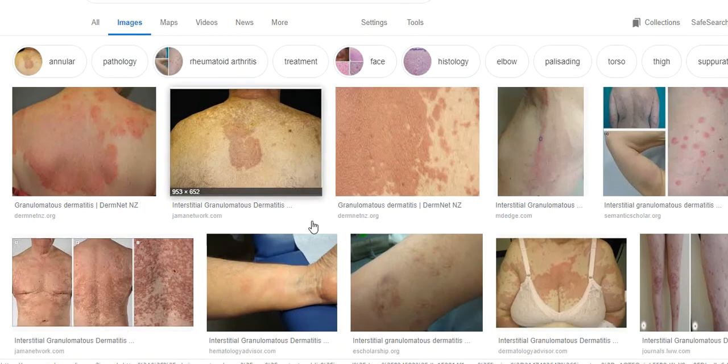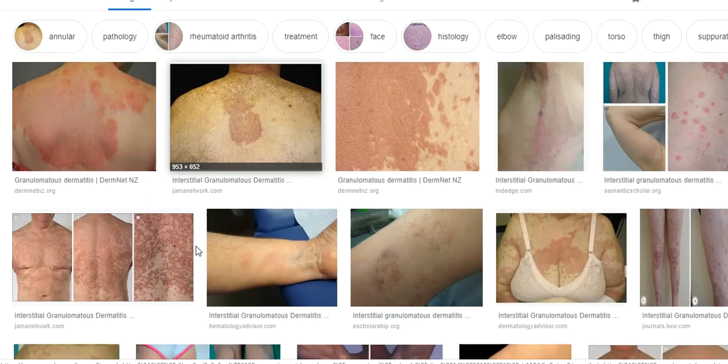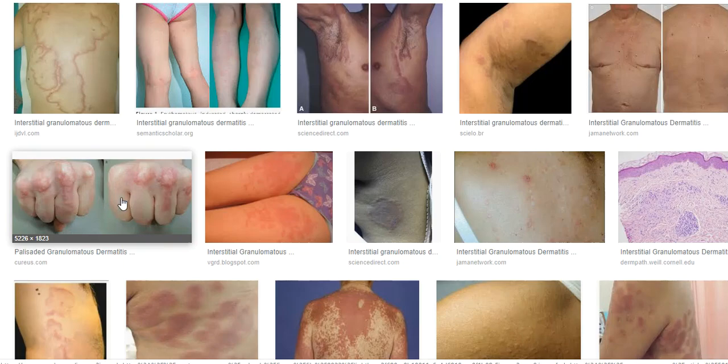This is more the generalized granuloma annulare rather than interstitial granulomatous dermatitis, when you see all these papules and the like. But again, large patches like this. Palisaded granulomatous dermatitis for this particular rash here.